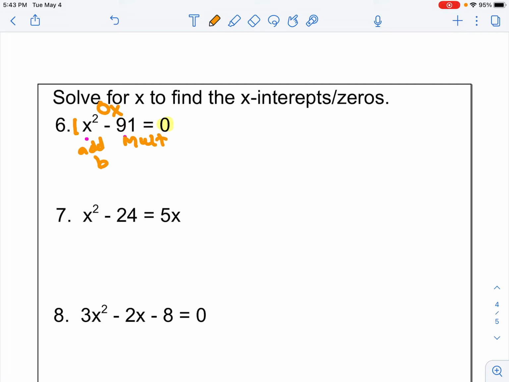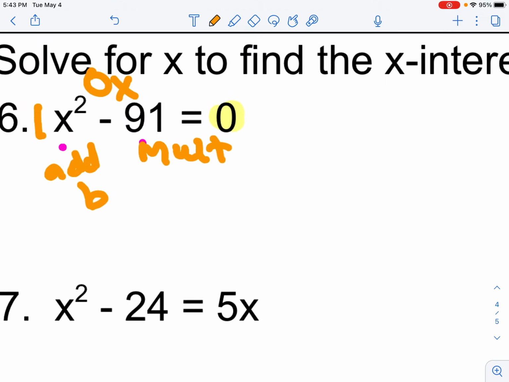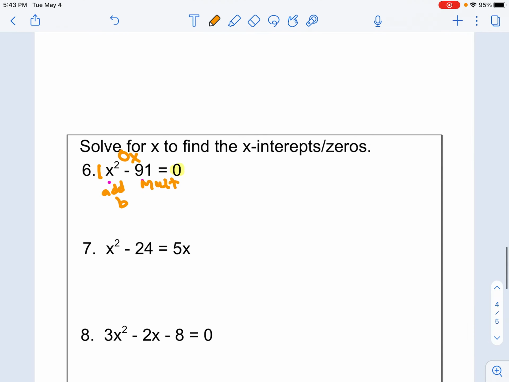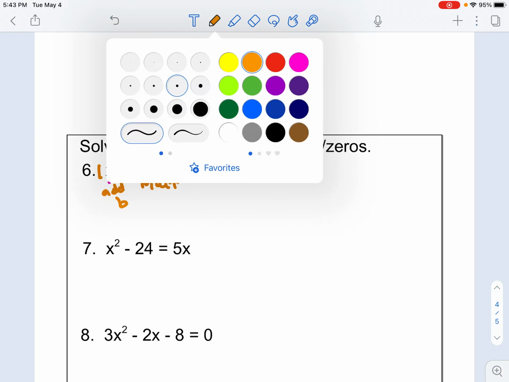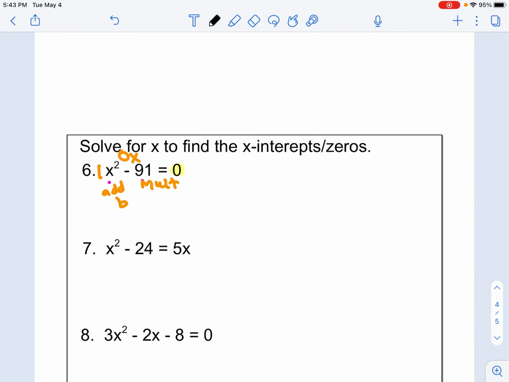So can you think of two numbers that multiply to 81, excuse me, that add up to 0? Oh, that says 91. I think that's a typo here. I think that is supposed to be 81. And hopefully with all that, you figured out that it is 9 and negative 9.